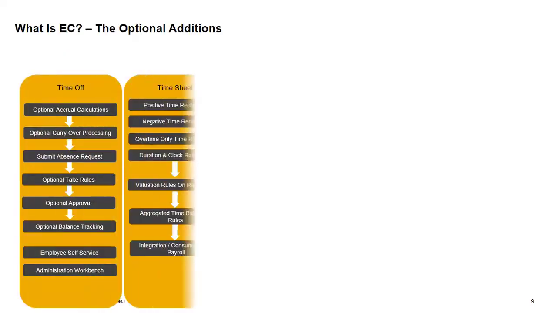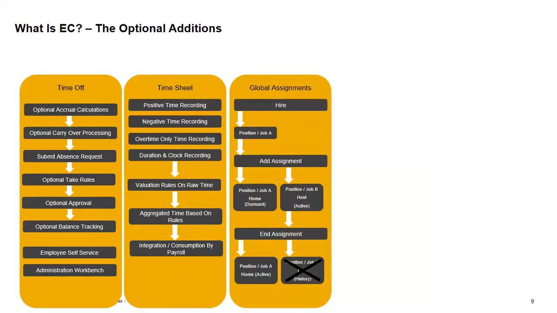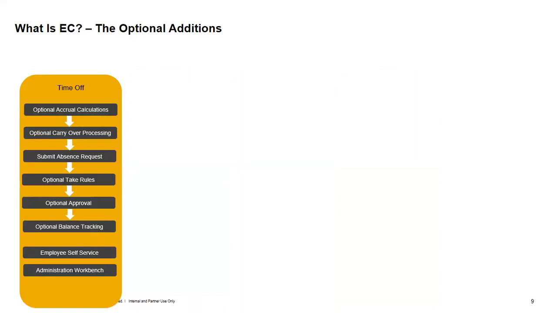Now these are standard features available. And additionally, there are optional additions. Time off. Apart from Employee Central, within Employee Central, we have the time off module. Time off is all about attendances and leaves.